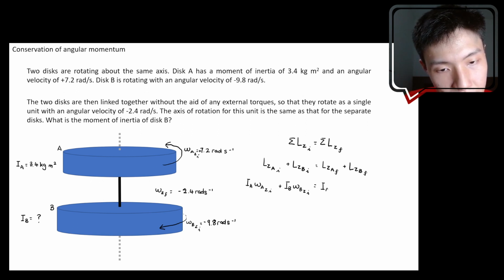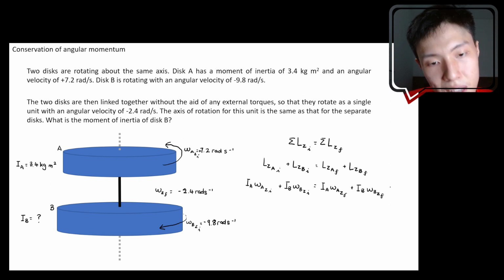Then IA omega for object A, the Z component final, plus IB omega for object B, the Z component final. Now you can do your substitution.